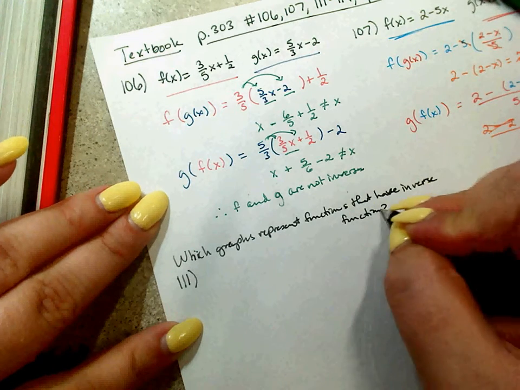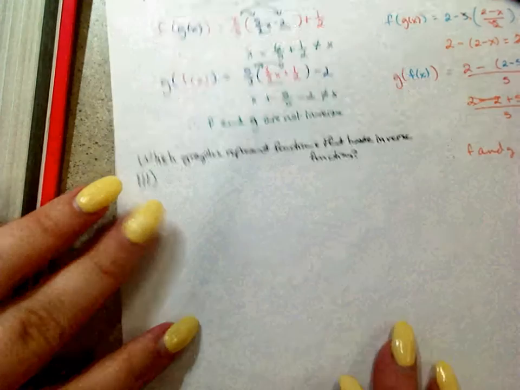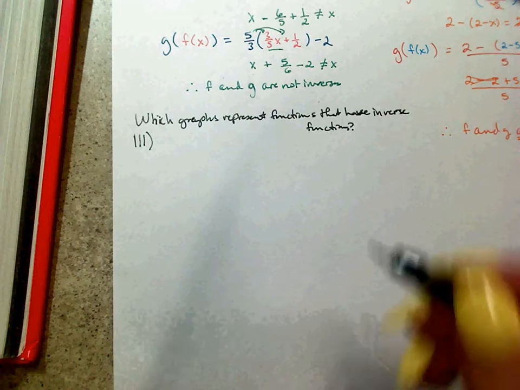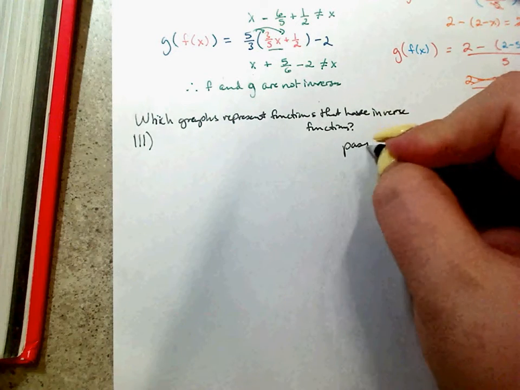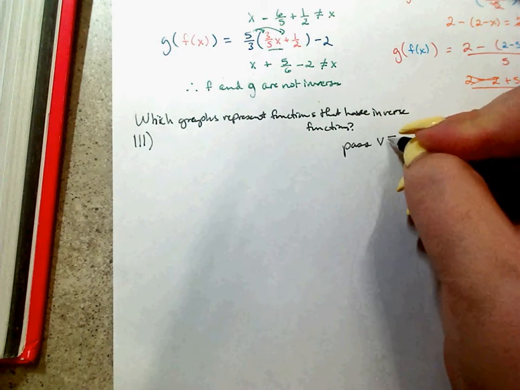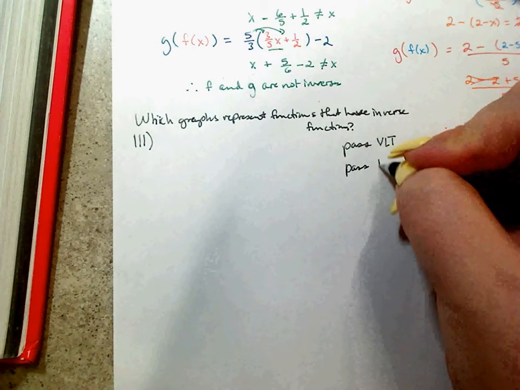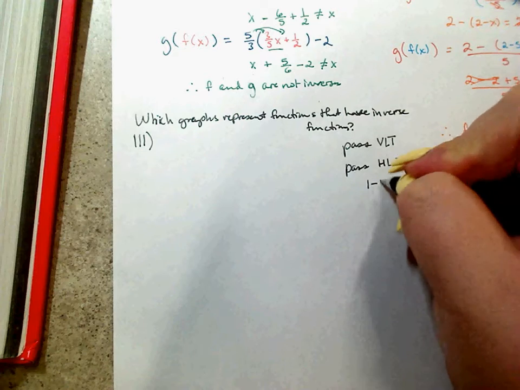So one thing to remember is that the only way that your inverse is going to be a function is if you are one-to-one. First you have to be a function, so you have to pass the vertical line test. But then in order for your inverse to be a function, you also have to pass the horizontal line test, which means you have to be one-to-one.